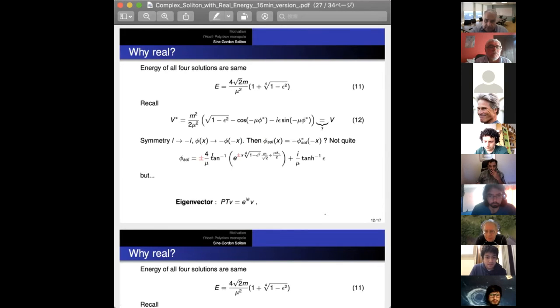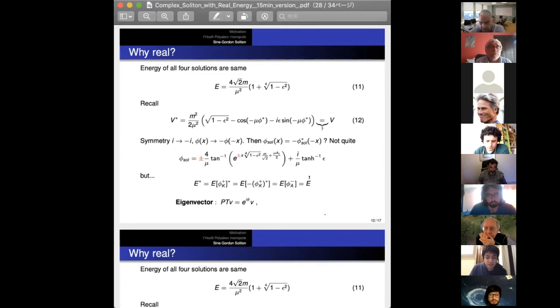So this looks bad. But actually, you can utilize the fact that all 4 solutions share the same energy. So although PT transformation maps a solution to a different solution, since all solutions share the same energy, it doesn't really matter. You can still argue that energy is real.